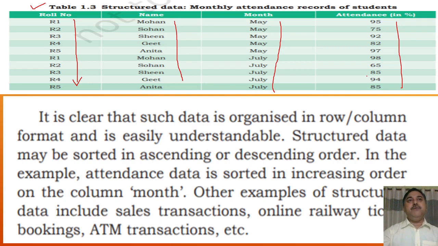We make these organizations of the data in the form of rows and columns. So we are formatting it. Why are we formatting it? Because we need to understand the data.